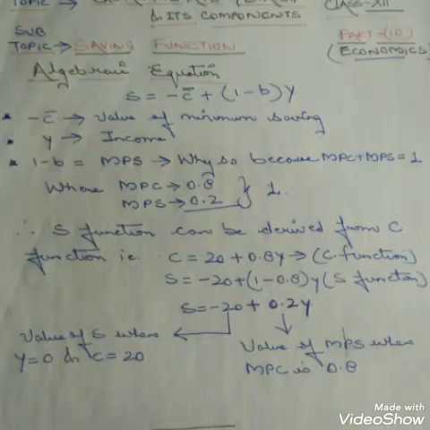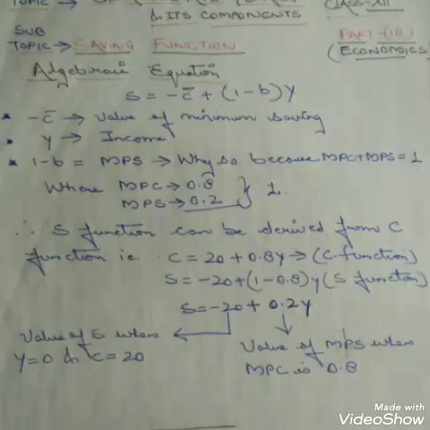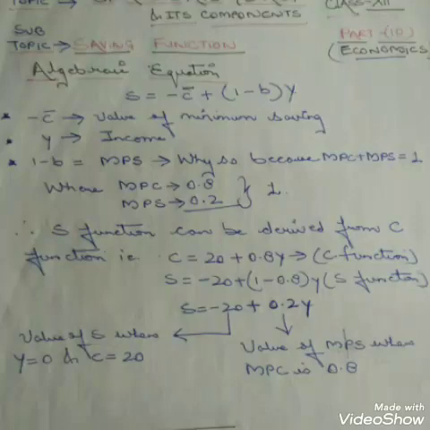Now how? If you remember, when we did the consumption function, MPC was 0.8, and in the previous lecture I told you that MPS comes to 0.2. So when we add 0.8 and 0.2, it comes to 1, and that is why we said MPC plus MPS equals 1.